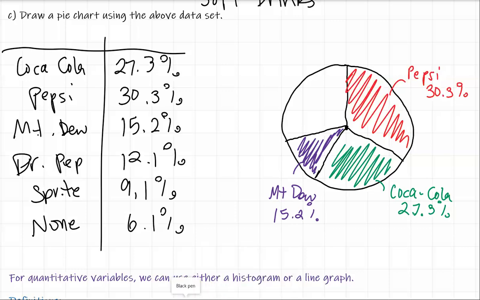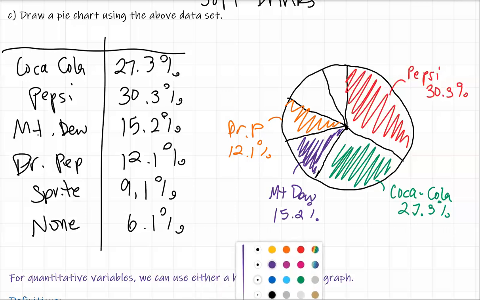And then Dr. Pepper, that's like 12%, so it'd be a little bit less than this one. Here's our Dr. Pepper. Dr. P at 12.1%. And then our Sprite and our none, I would say about that. Running out of colors here.